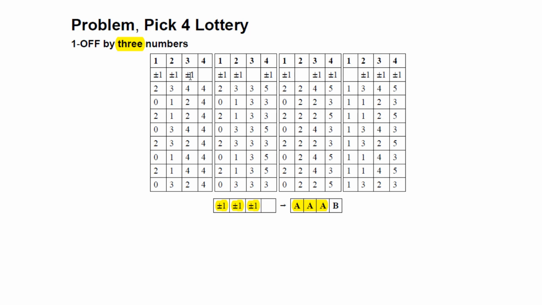So this sequence here is analogous to A, A, A, B. So in how many ways can we permute this sequence to generate how many tables? We use the formula of permutation for identical items, and we get here 4 factorial. We have 3 identical items, so we divide by 3 factorial, and we get 4 tables.